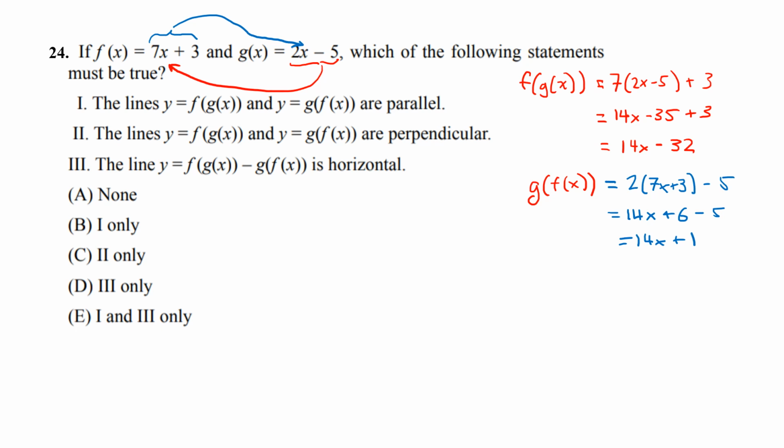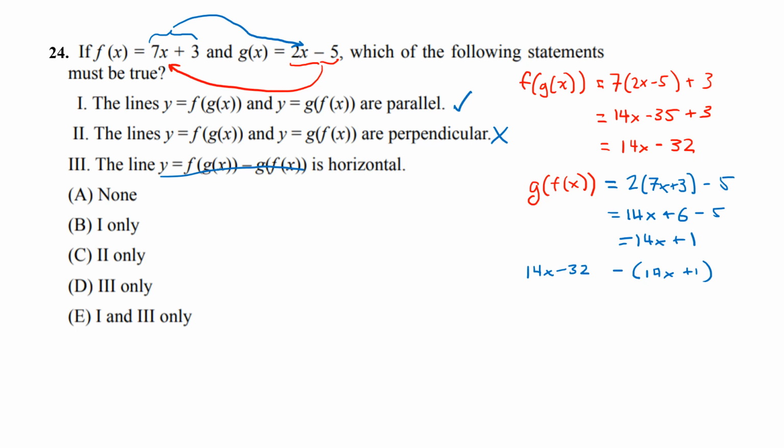So we know that these two have the same slope, meaning they are indeed parallel. Perpendicular would mean that their slopes are negative reciprocals of one another, and that's not true. And if you were to subtract them, let's see what happens. So this is f of g of x. That's 14x minus 32 minus our g of f of x, 14x plus 1.